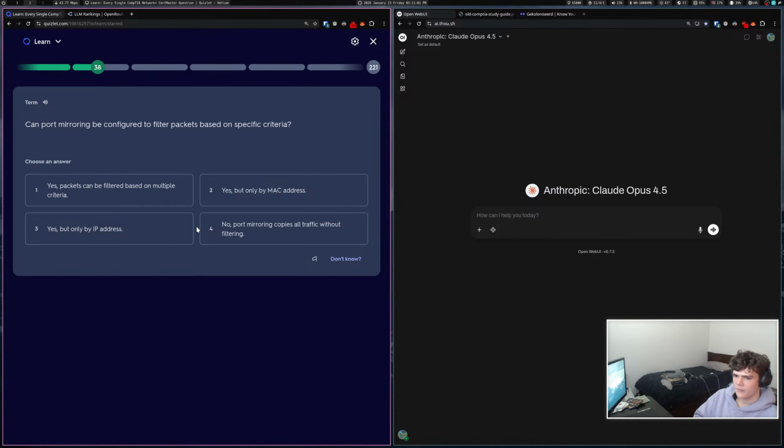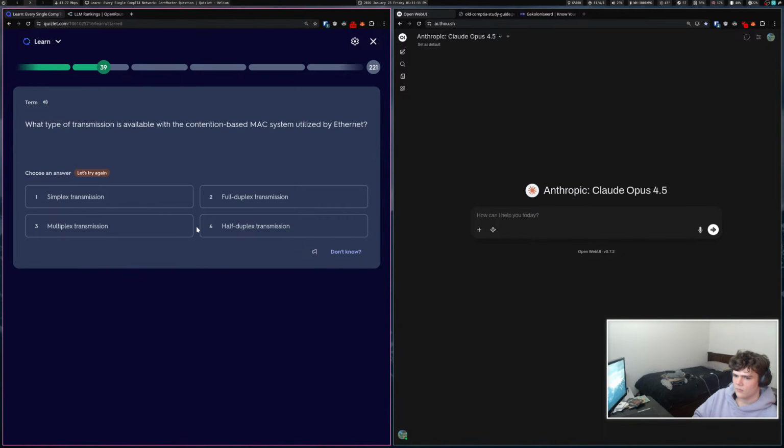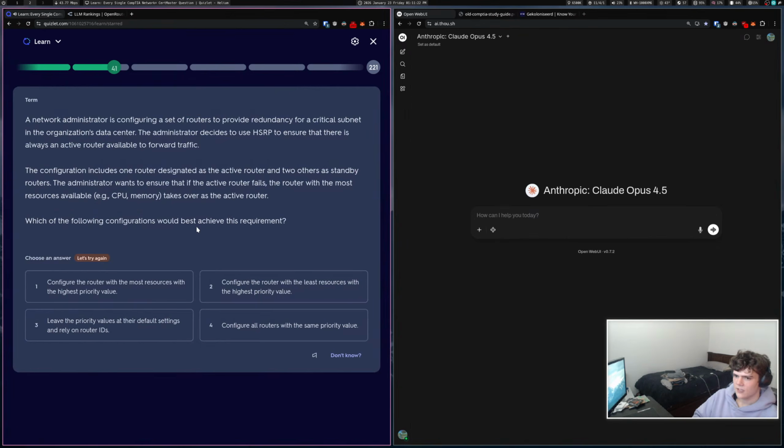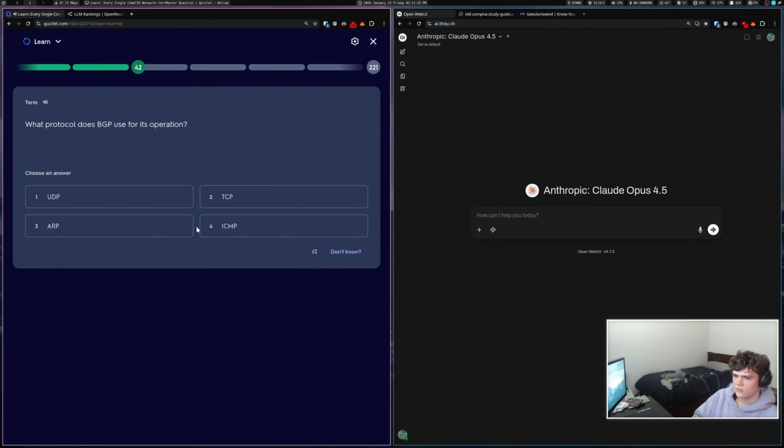Can port mirroring be configured to filter packets? And then that would be half duplex. Then use RSTP. And then what does BGP use for its operation? I should know this. TCP.